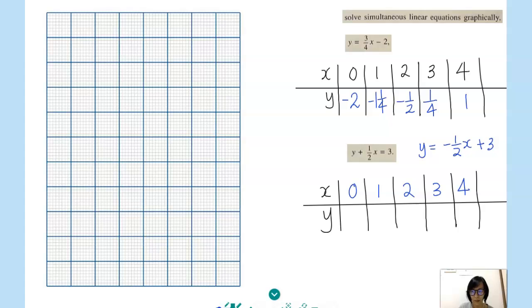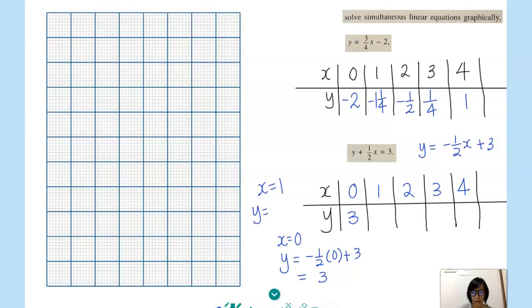So when x equals 0, I'm filling the first column, y equals, substituting the value of 0 for x, we get y equals 3. So I'm going to put this here. Next, we have x equals 1.